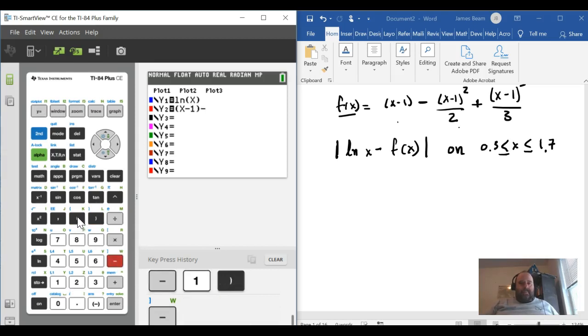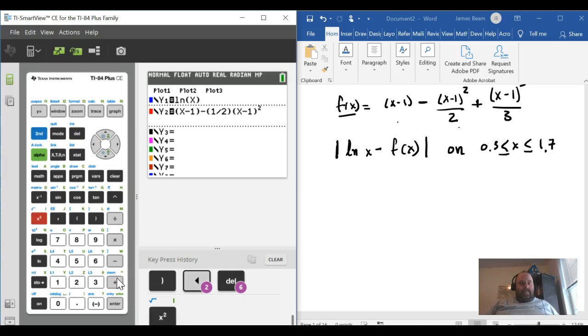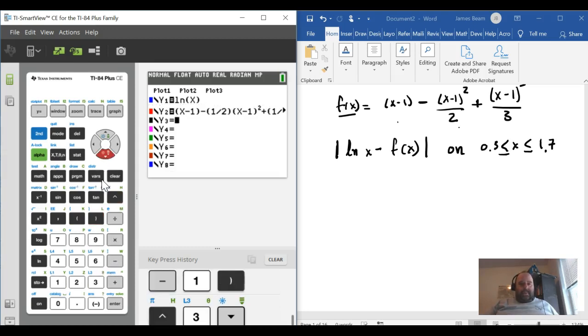Minus 1/2 x minus 1, oops, way too many parentheses there, squared, right? Plus a third x minus 1 cubed.